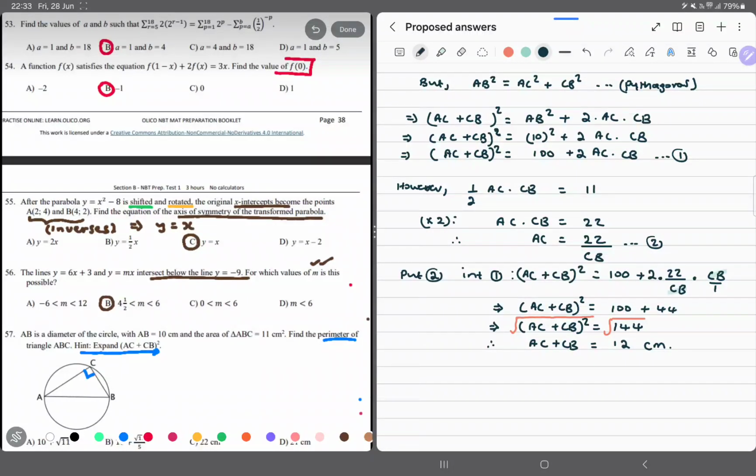Now remember these are distances, so we're taking the positive answer. So remember, a perimeter is going to be AC plus CB plus AB.